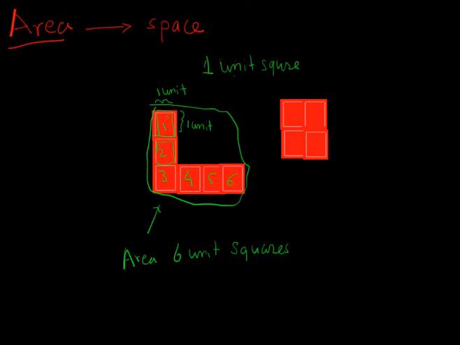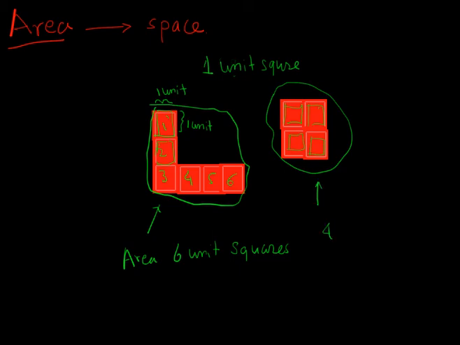Now similarly, in my second figure, I have got 4 squares, and each square we consider as 1 unit square. So how many unit squares are there?